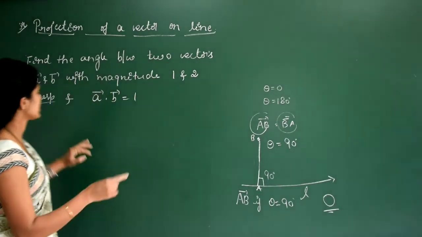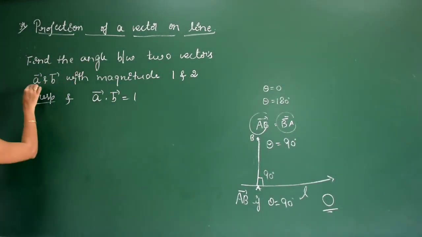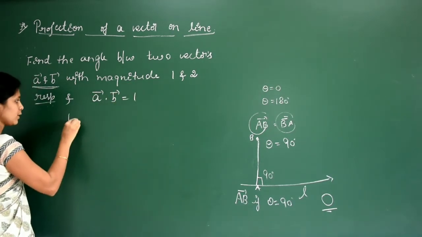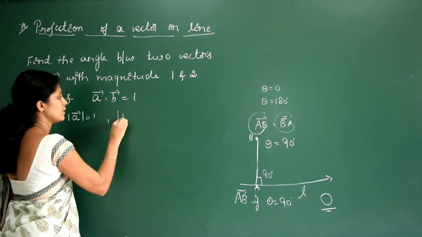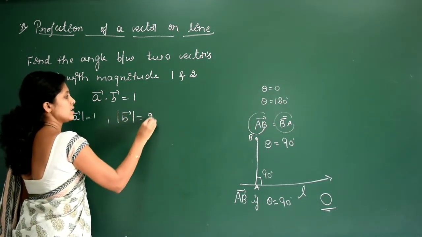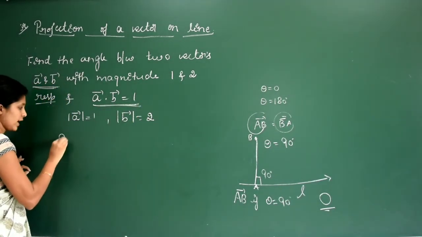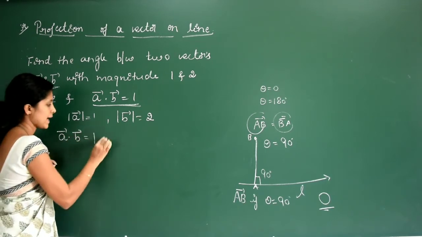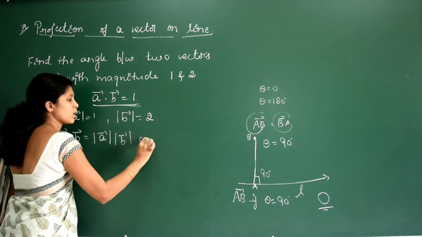Okay. Now we will see this problem. Find the angle between two vectors A vector and B vector with magnitudes 1 and 2. So the magnitude of A vector is given as 1 and the magnitude of B vector is given as 2. Now what is the formula? A vector dot B vector is equal to magnitude of A vector, magnitude of B vector into cos theta.